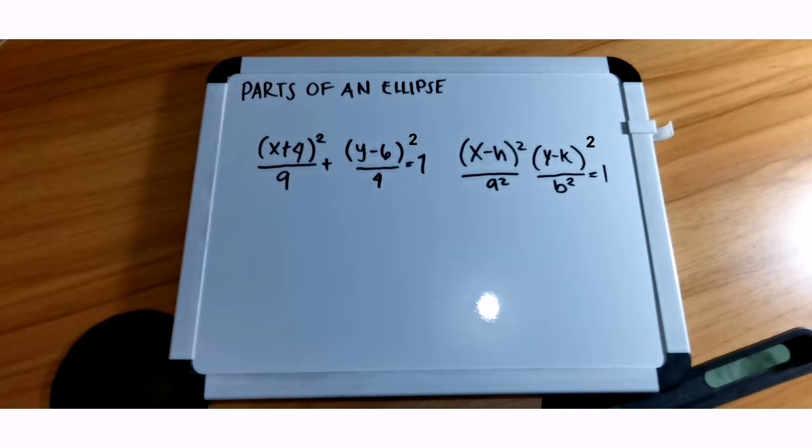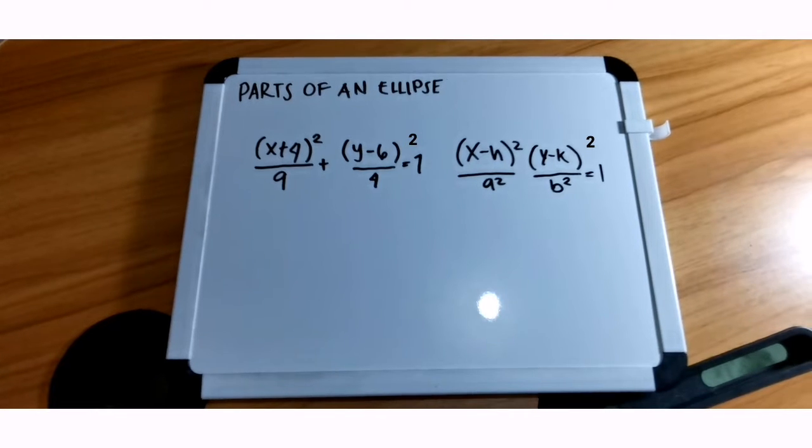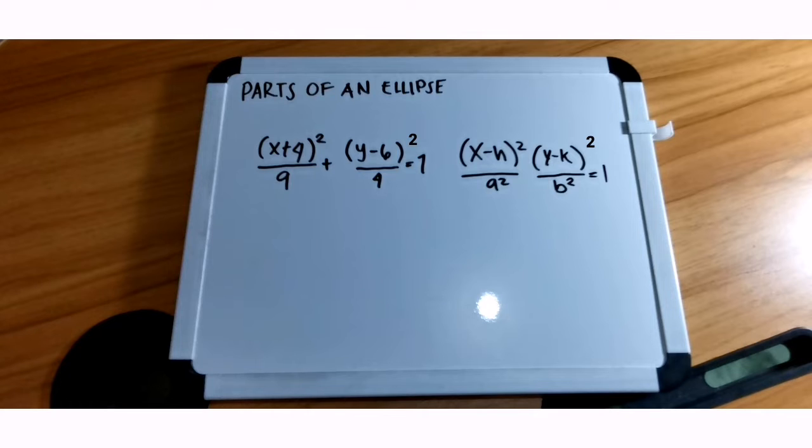Identify the parts of the ellipse with the standard form of (x + 4) raised to 2 over 9 plus (y - 6) raised to 2 over 4 equals 1. Since the equation is already in its standard form of (x - h) raised to 2 over a squared plus (y - k) raised to 2 over b squared equals 1, we can identify the values for h, k, a, and b.